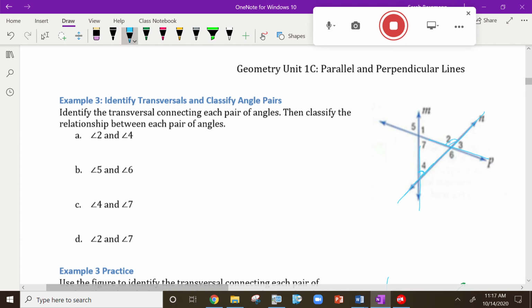Line N is used for both angles. So I know line N is the transversal. Next, I need to identify what type of angles they are. They're in the same spot, so they're called corresponding.